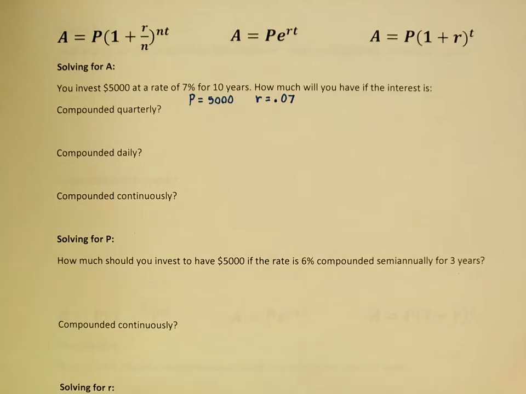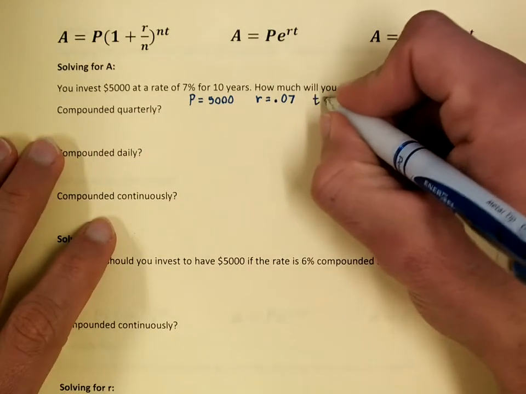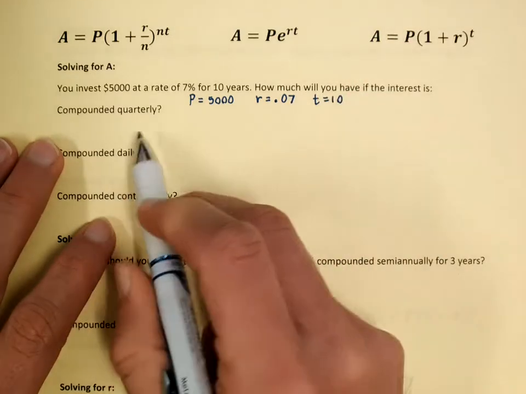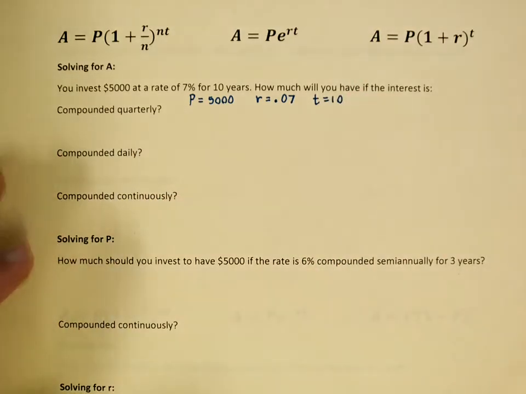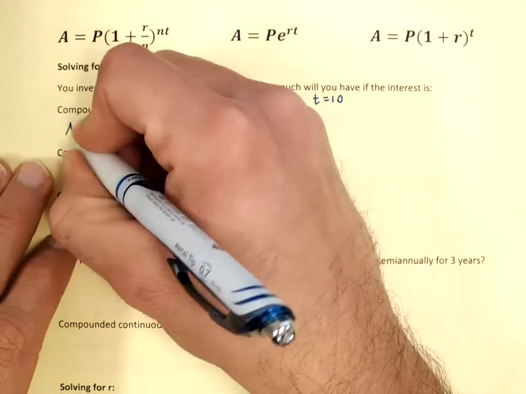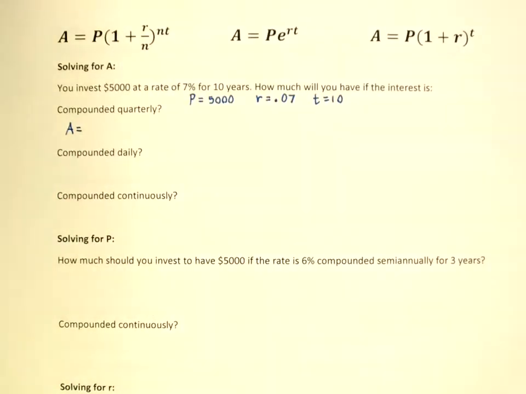All right, so the rate is 7%. You have to write that as a decimal. And T is 10. That's not going to change. The only thing that's going to change here is quarterly, daily, compounded continuously. The first two formulas are going to be essentially the same, and you want to know how much money you have at the end of it.